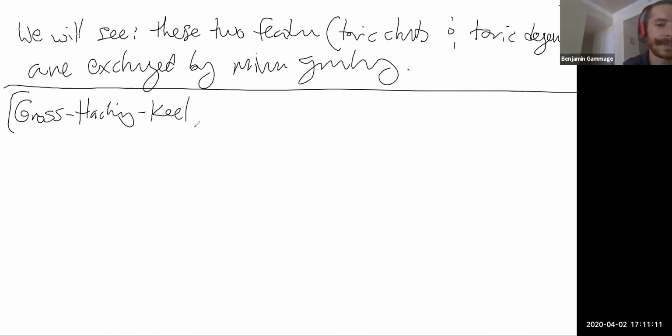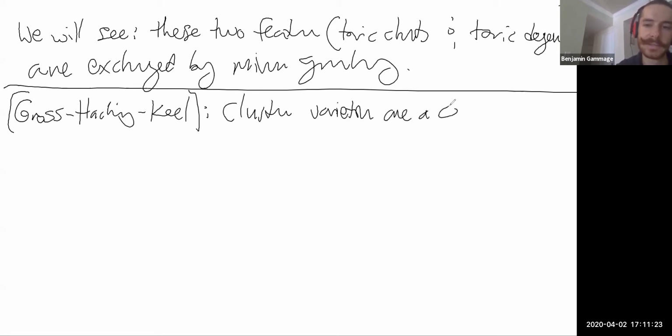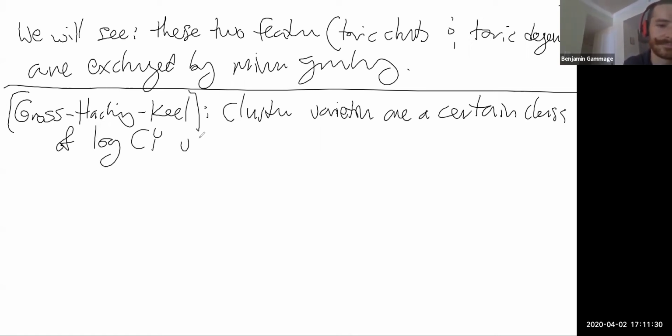What we learned from them is that cluster varieties are a certain class of log Calabi-Yau varieties. A log Calabi-Yau variety you can think of as starting with a compact variety, with a holomorphic volume form with log poles along a divisor, and then you delete that divisor.